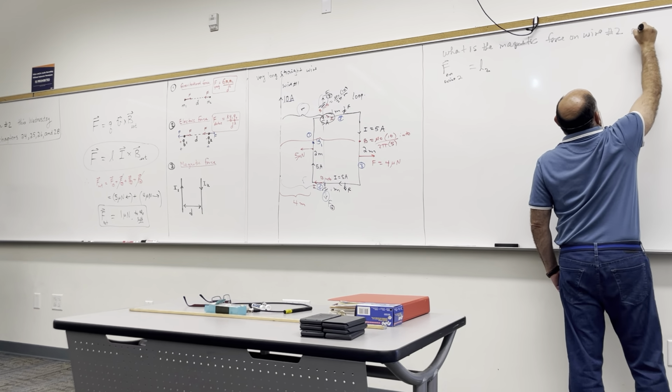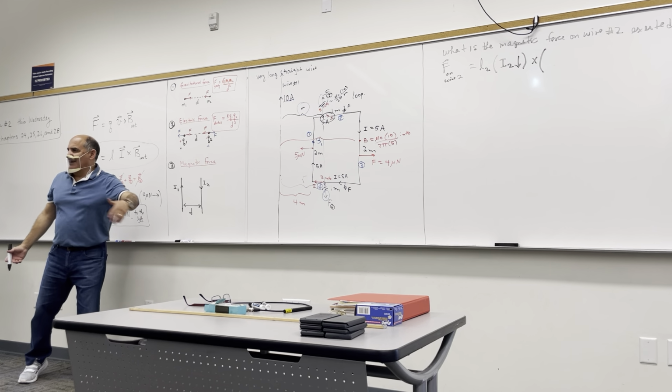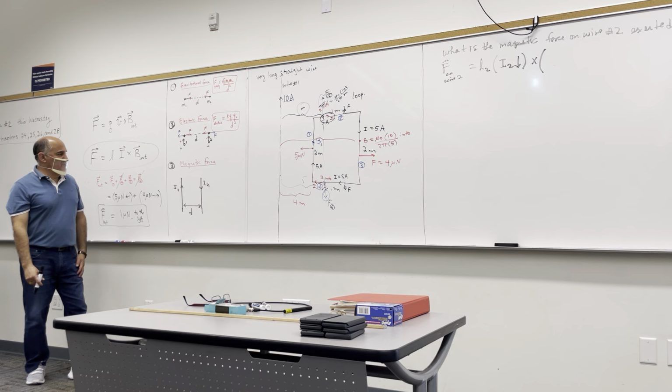So the current on wire number 2 is I2 down the board. I'll just write it like this: I2 down, cross into. Then I need the magnetic field that wire number 2 is sitting in. But who generates that magnetic field at the location of wire number 2?